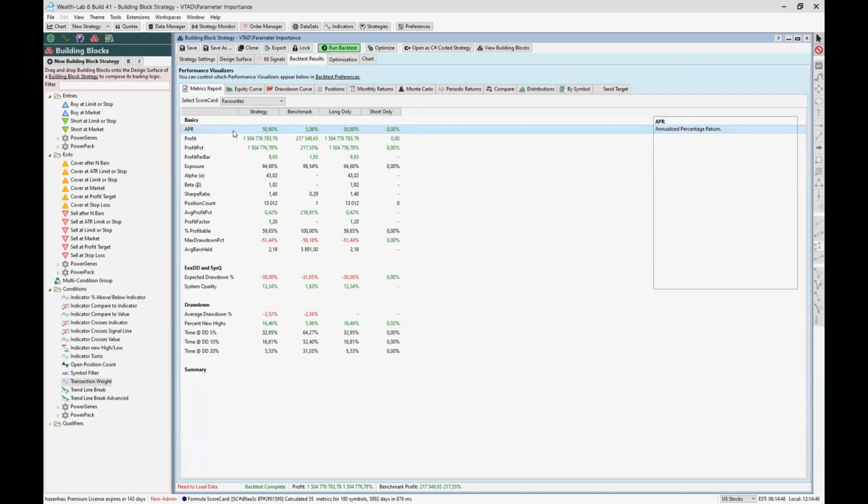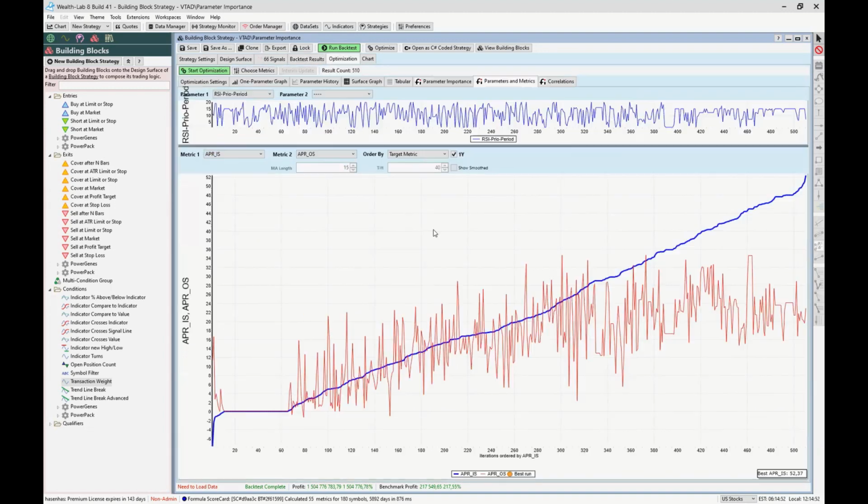You think you will make 50% a year. That's not realistic. But most of the people have no idea about these tools here. So they don't know what this means. And this here is the red flag. And this is not realistic anymore.